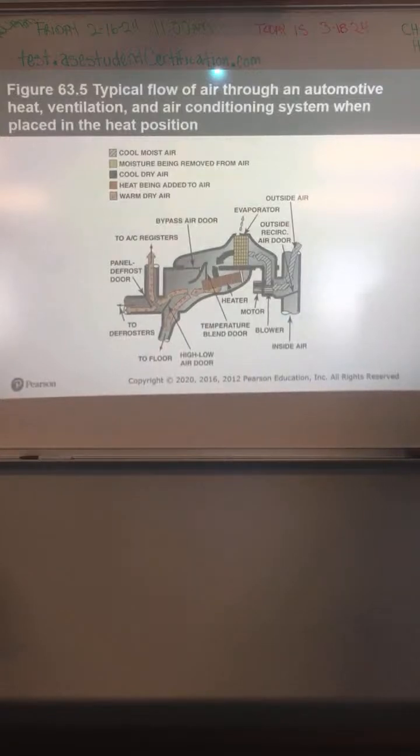Okay, some vehicles have an auxiliary electric water pump. On page 752, the green box on the bottom, there's a frequently asked question that will tell you what that is. What is an auxiliary electric water pump?